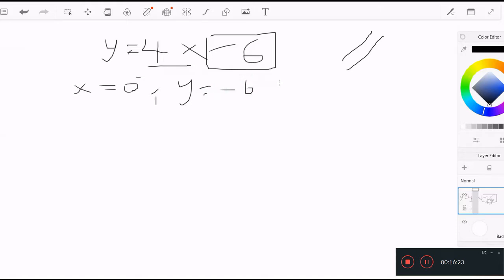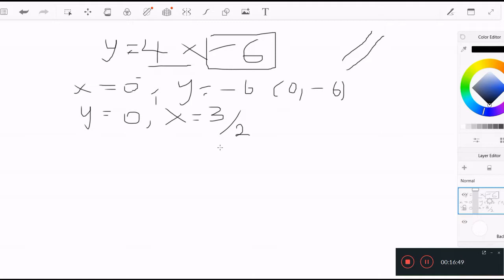So this is your first point, (0, -6). And the second one is you let y equal 0. So x equals 6 over 4, which is 3 over 2. Yes, correct, it's 3 over 2.